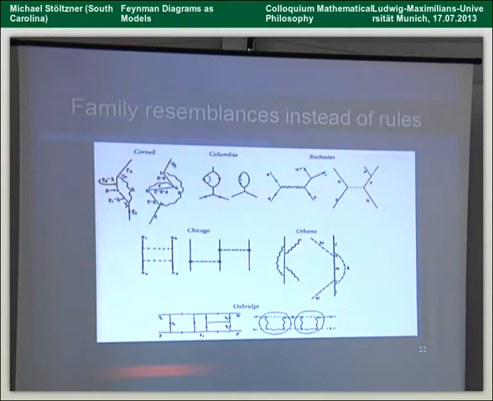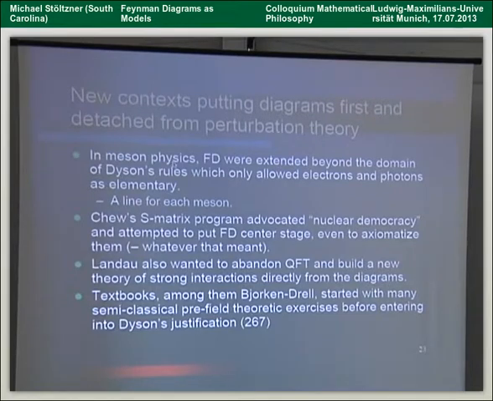Kaiser makes the point that this has to do with their having different experimentalists. Some did mesons, and that was, of course, way outside the Dyson rules already, because the Dyson rules only let fundamental particles, namely electrons and photons, constitute a line, but the mesons were sort of everything between that and the proton. So in meson physics, Feynman diagrams were extended beyond the domain of Dyson's rules, which only allowed electrons and photons.